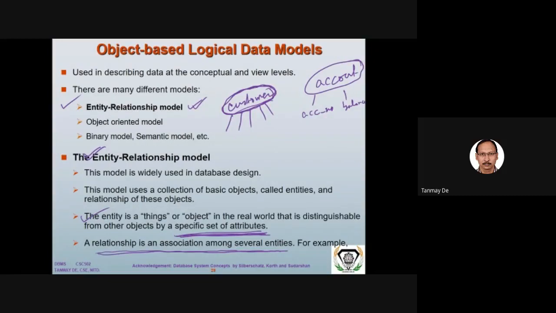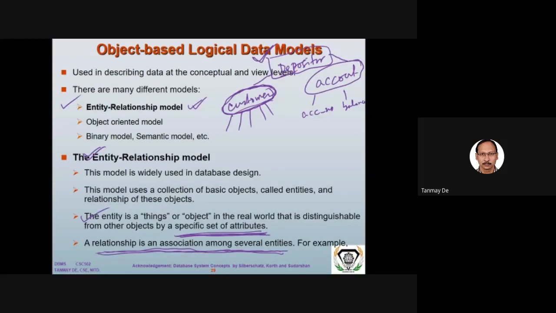So between this customer entity set and account entity set, some relationships are there. Say we can say the relationship is the depositor. This depositor relationship relates the customer object with the account object.